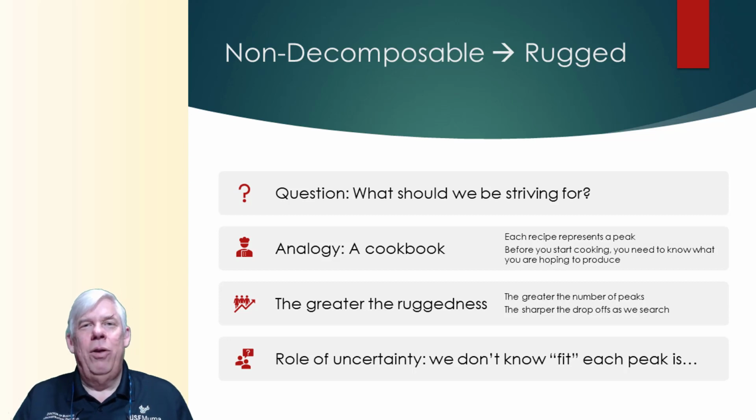Now, the greater the ruggedness of the landscape, which is the greater the extrinsic complexity, the greater the number of local peaks that you will have, and the sharper those peaks will be, so that even tiny changes can have a huge impact on fitness. And one of the challenges we face is that the number of combinations goes up dramatically.